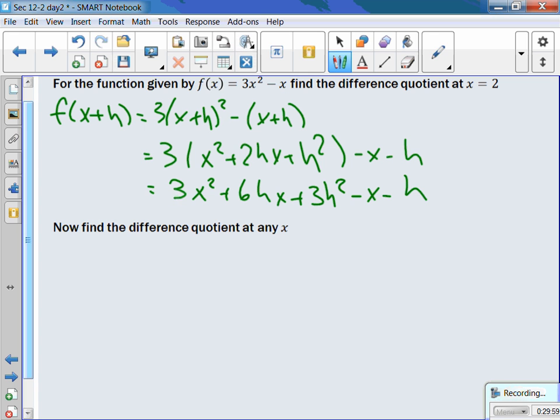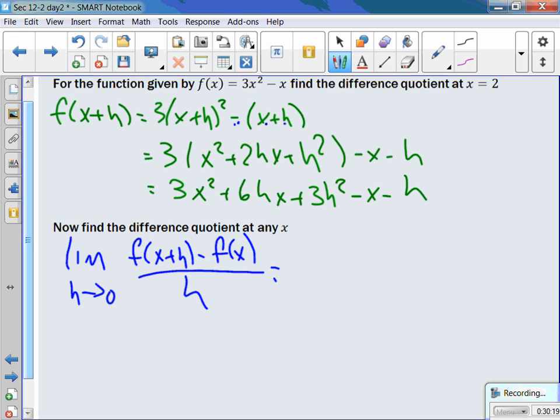Right. And now when we do the subtraction, what are we subtracting off? So minus 3x squared and what else?